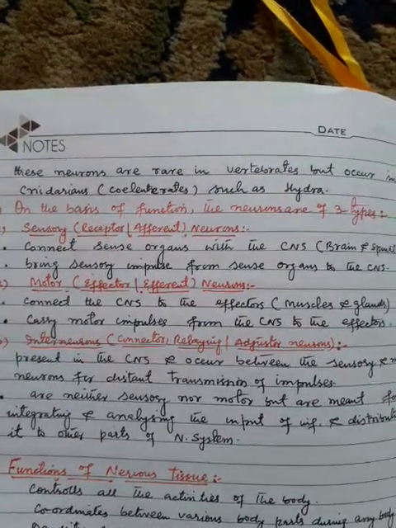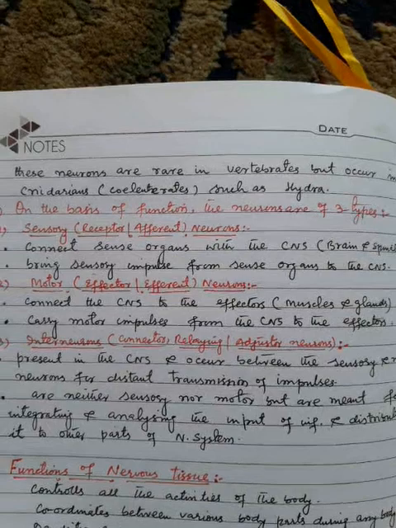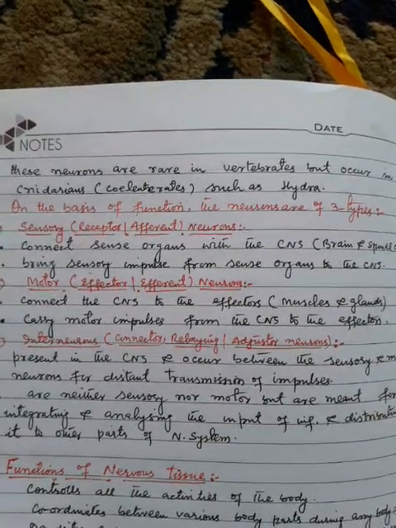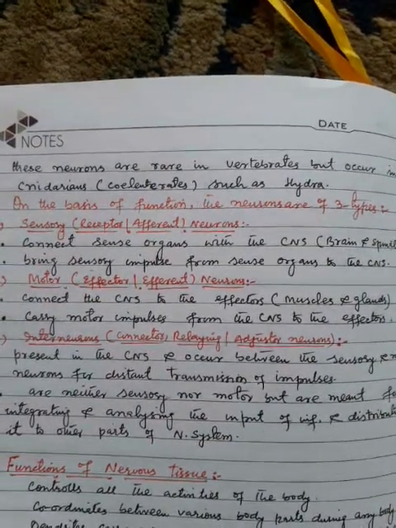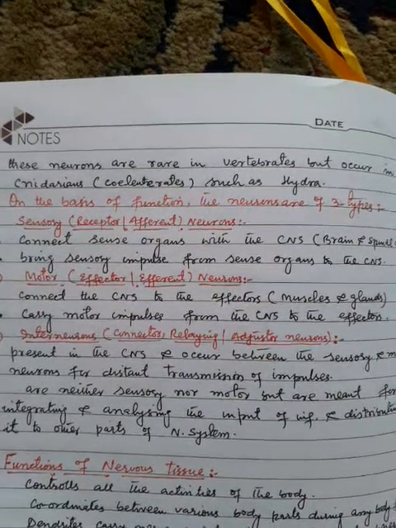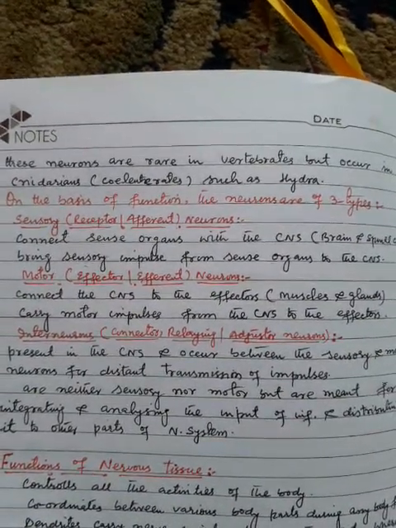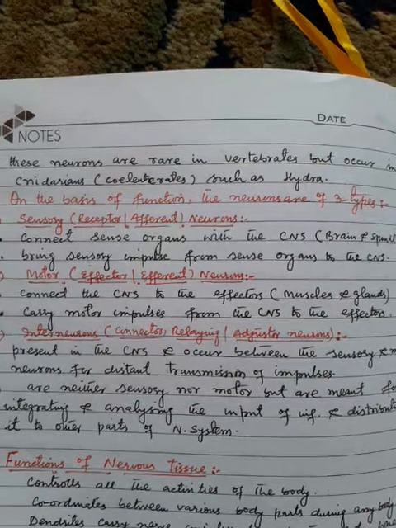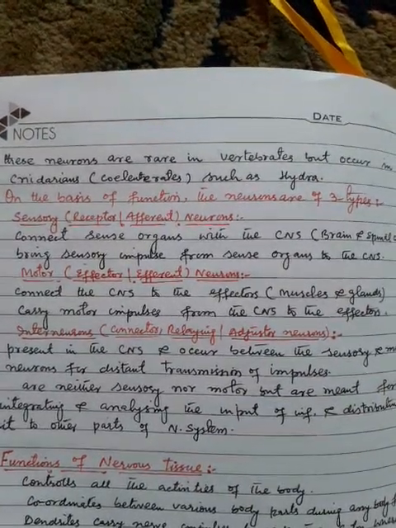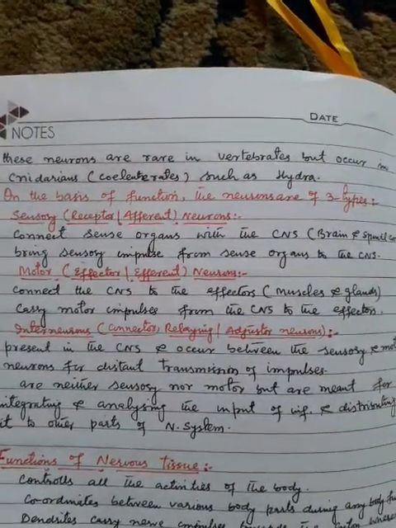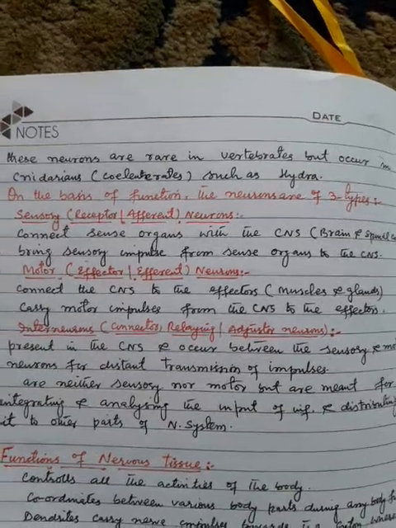Number 2 type of neuron on the basis of function, that is motor, effector or efferent neurons. Motor neurons connect the central nervous system to the effectors, that is muscles and glands. Motor neurons carry motor impulses from the central nervous system to the effectors.